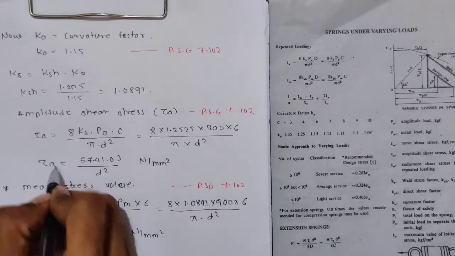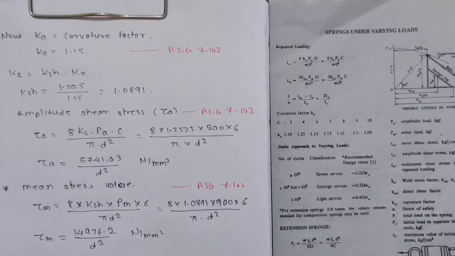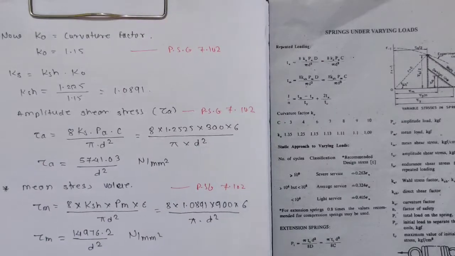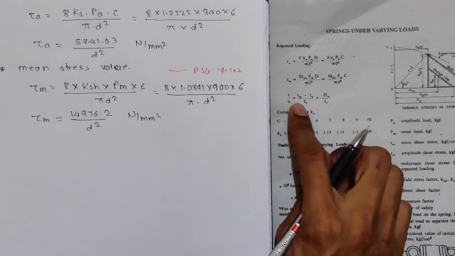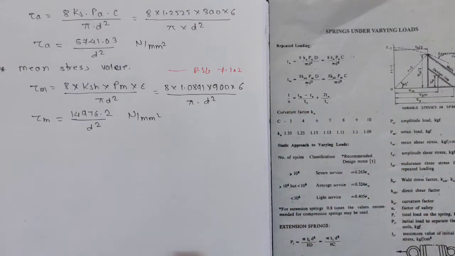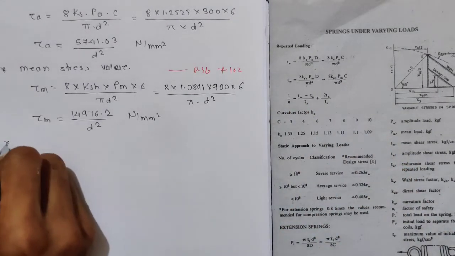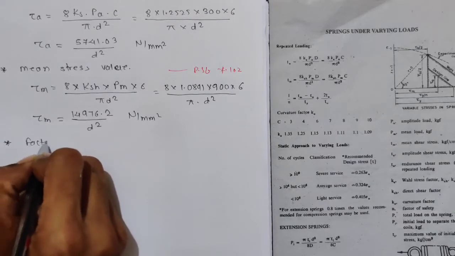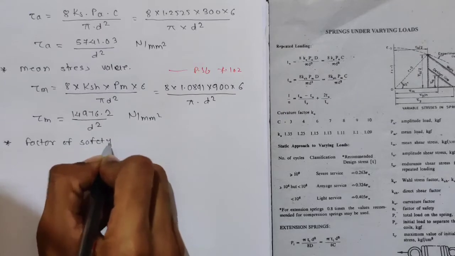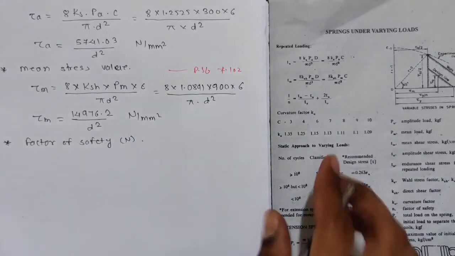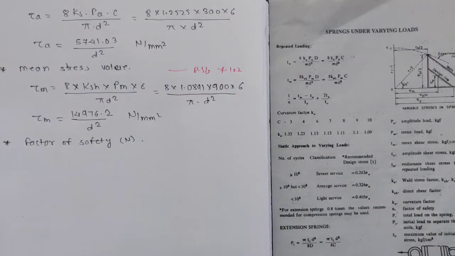So this is tau A and this is tau m. So we have tau m and tau a, so we can go for the next formula, that is the factor of safety formula. Here it is denoted as n, and we know the value of factor of safety for spring varies from 1.5 to 2.